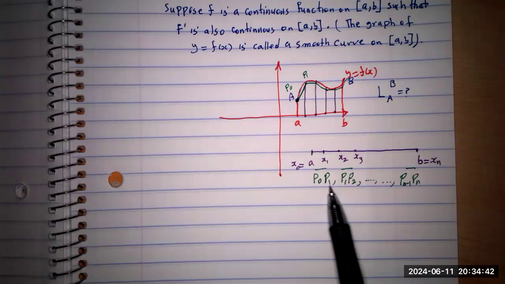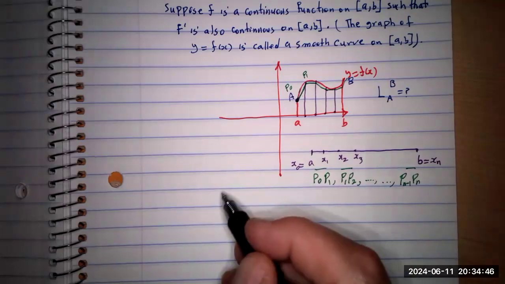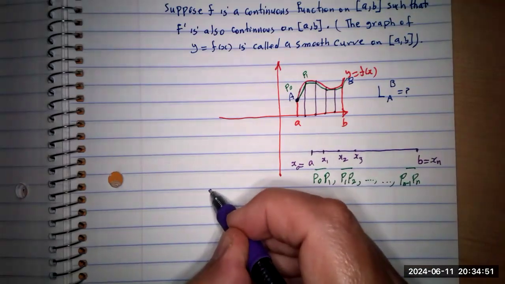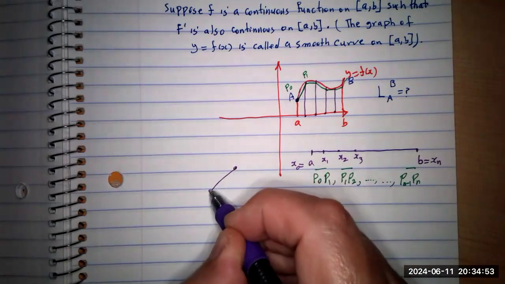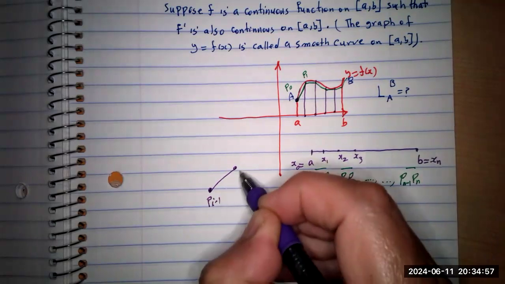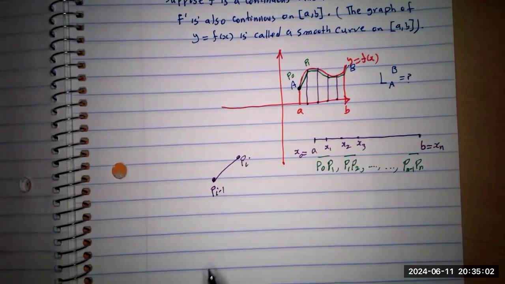So I'm going to pick one of these points arbitrarily. Suppose we have one segment. Suppose this is going to be Pi minus 1 and the Pi, and I want to find the distance between these 2 points.